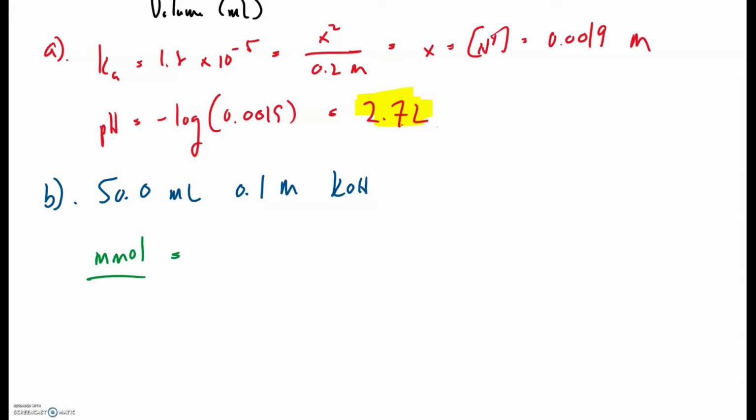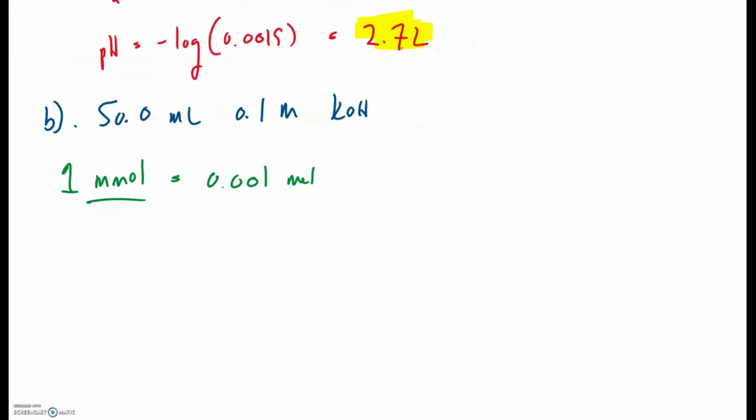Of course, 1 millimole is 0.001 mole. It's a useful number because we don't have to write all these decimals. And so if molarity is equal to moles over liters, it's also equal to millimoles over milliliters.